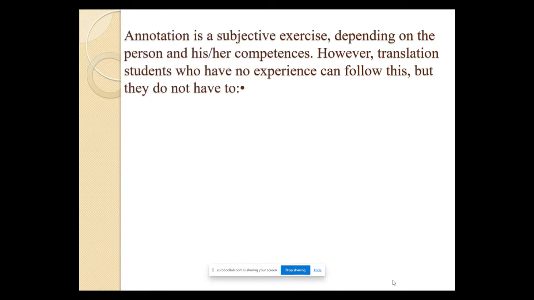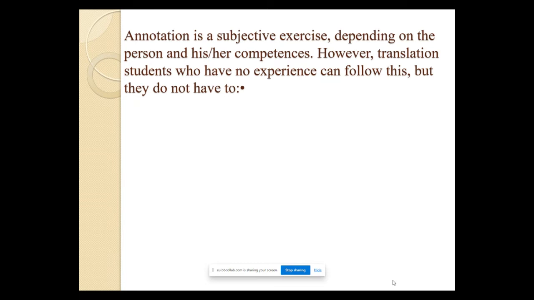So annotation is a subjective exercise because it is affected by one's own justifications depending on the person and his and her competences, and this is very important. So the same annotations are not found by all translators because that depends on their competences. Translation students who have no experience can follow this, but they don't have to.